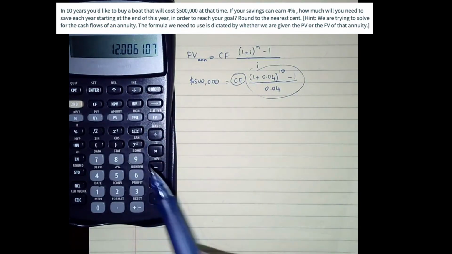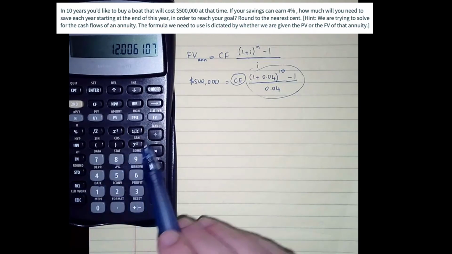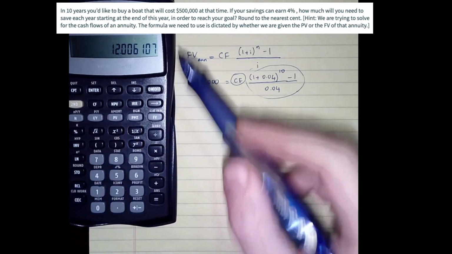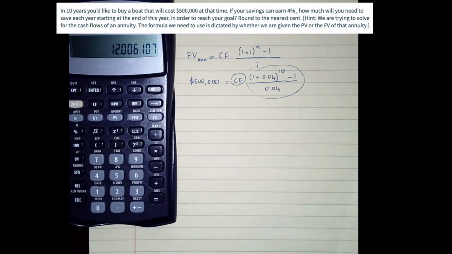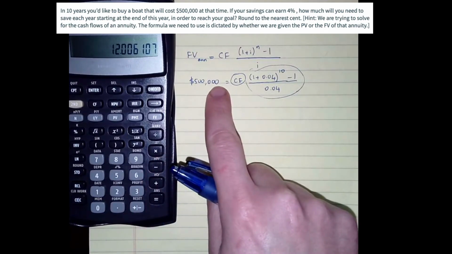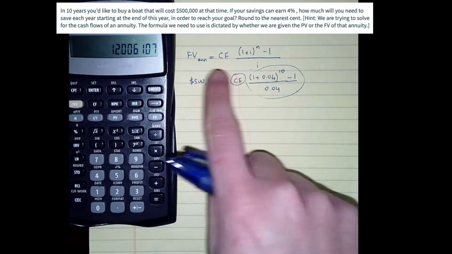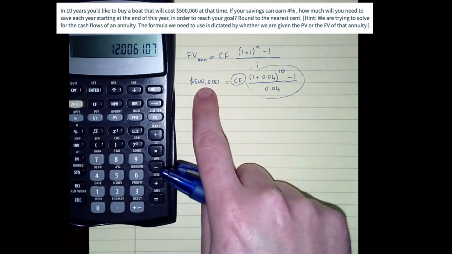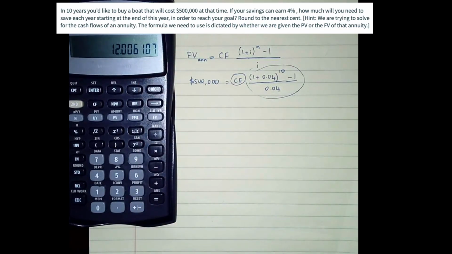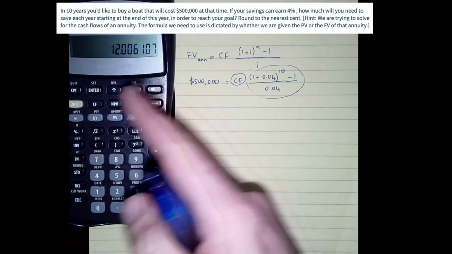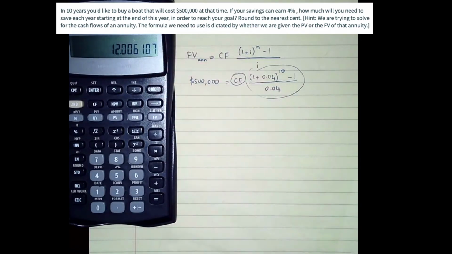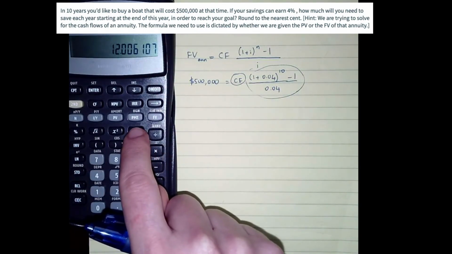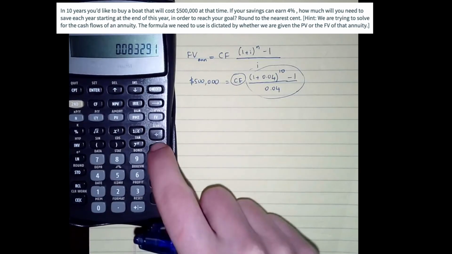One way of doing that is I can store this, and then say 500,000 divided by the recalled answer from the previous step. Or I can say this is the same thing as multiplying 500,000 by the reciprocal of this. Dividing 500,000 by this is the same thing as multiplying 500,000 by the reciprocal, 1 over this. So that's what I'm going to do, 1 over x, and multiply by 500,000.